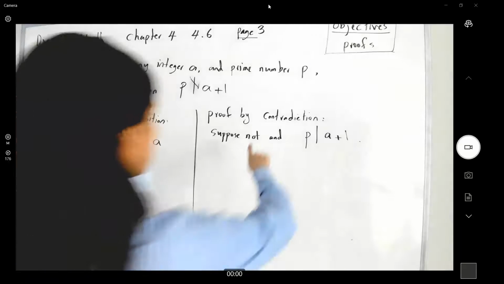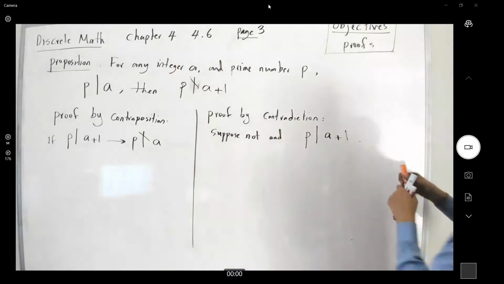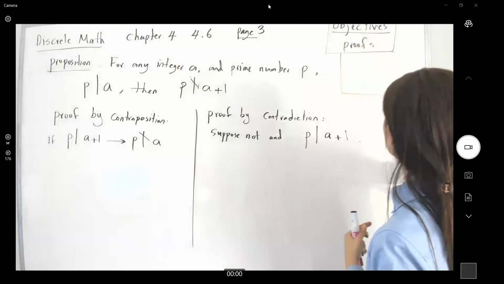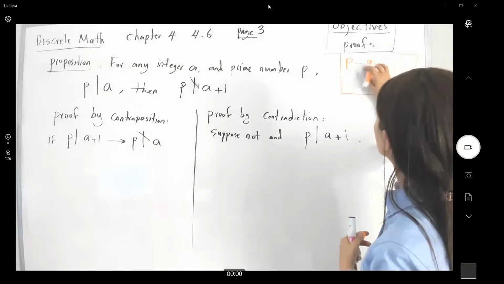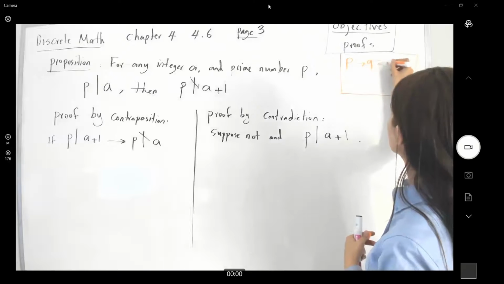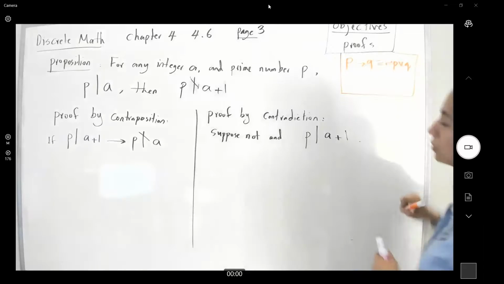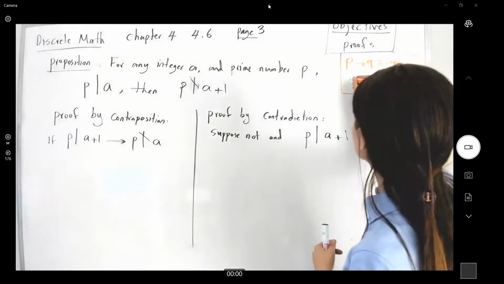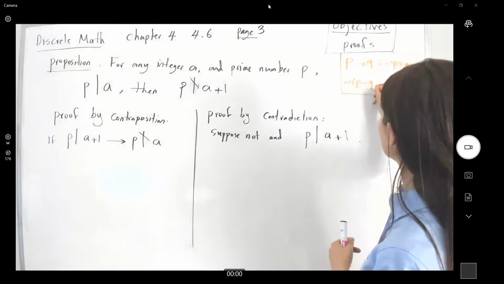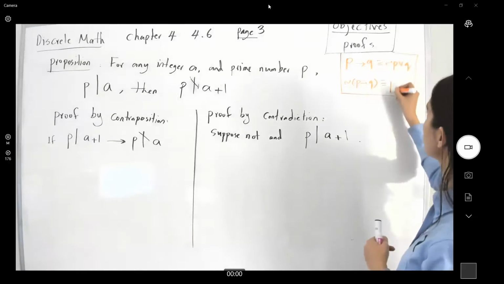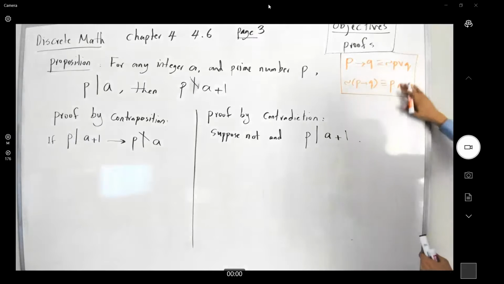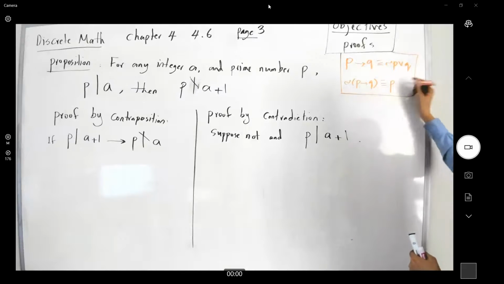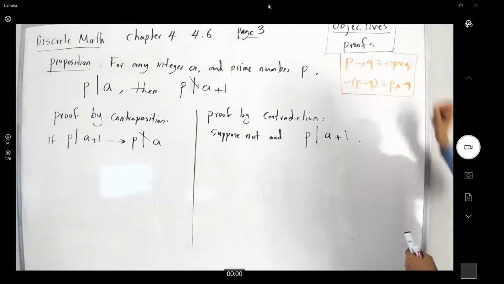Specifically, recall that the implication P then Q is equivalent to not P or Q. So if I negate P then Q, it is equivalent to P and not Q. So we write down the assumption and we negate the conclusion.